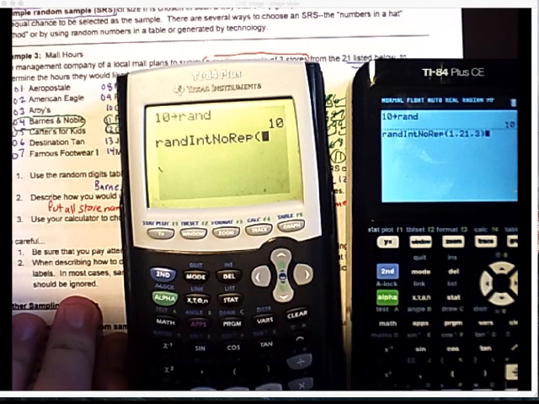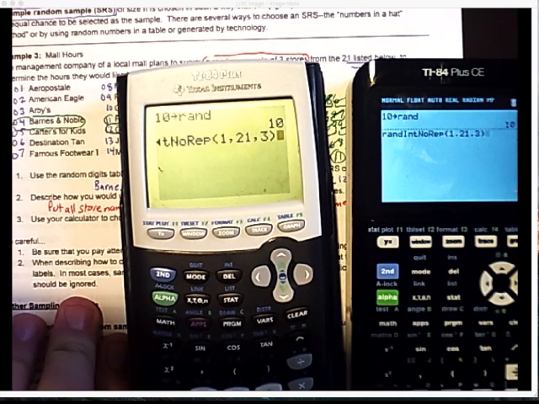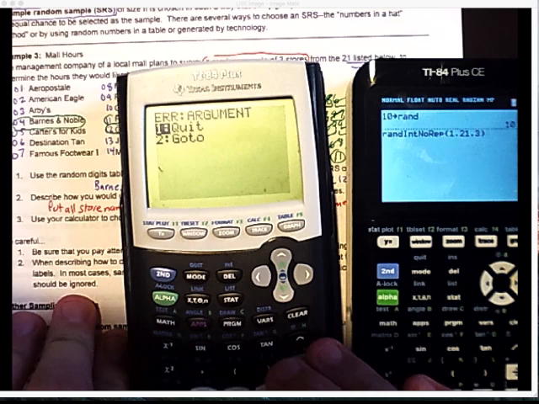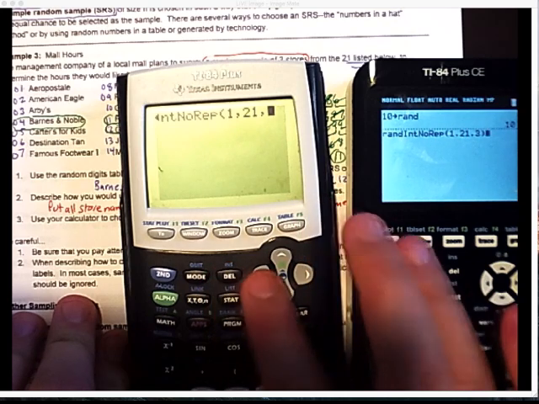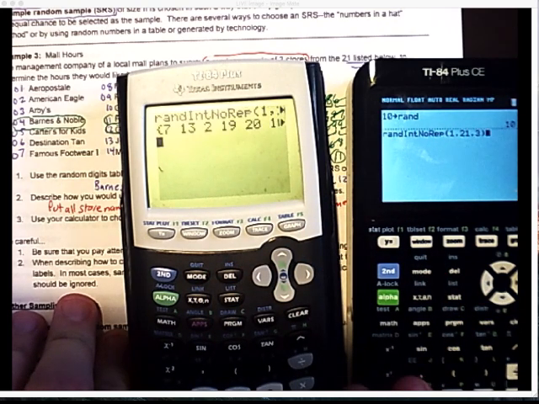We do it over here the same way. We do 1 is our lower, but we have to put a comma, then 21, and I'm telling the calculator pick 3 of them. Okay, and I hit enter. This one gives me an error. So actually on the older model, you can only put a lower and upper bound, 1 to 21, and hit enter.